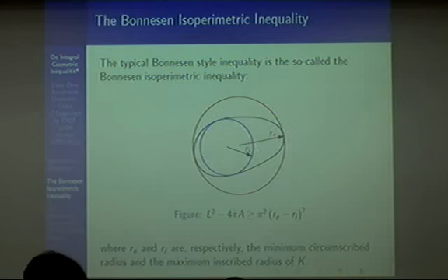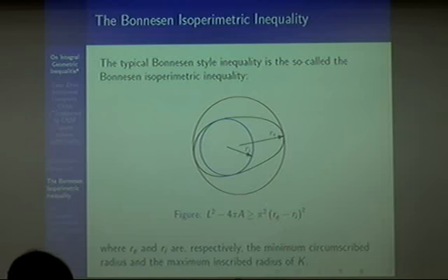Bonnesen's isoperimetric inequality says that L squared minus 4 pi A is at least pi squared times (R_E minus R_I) squared, where R_E is the radius of the circumscribed circle and R_I the inscribed one. This is one B we find, and you can see the meaning of that.